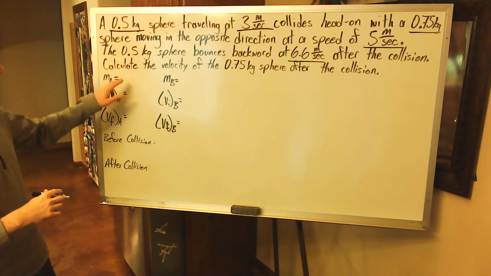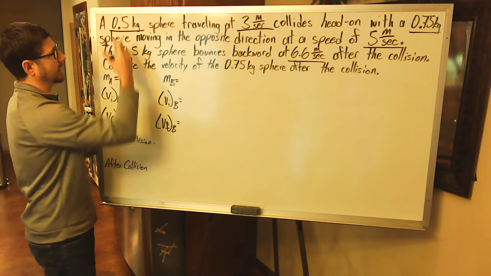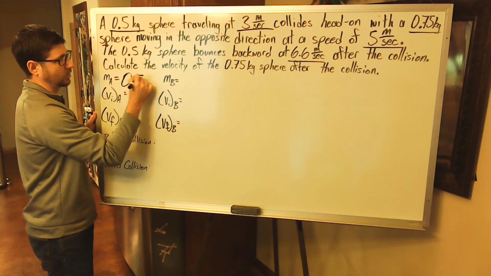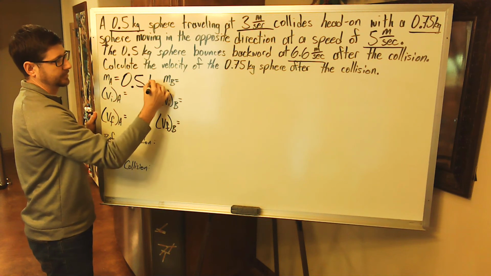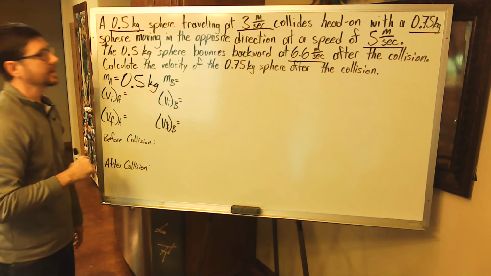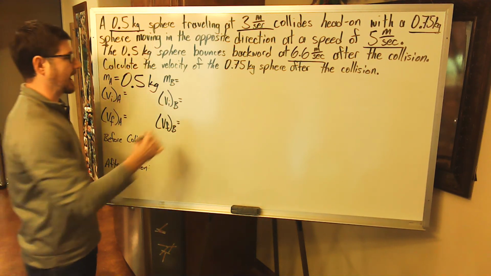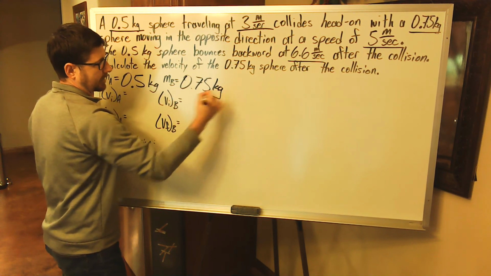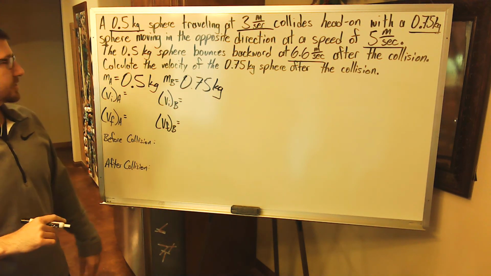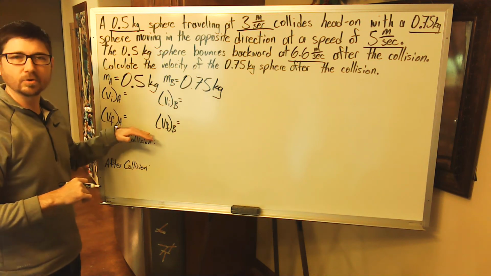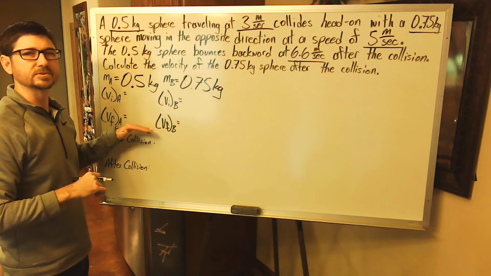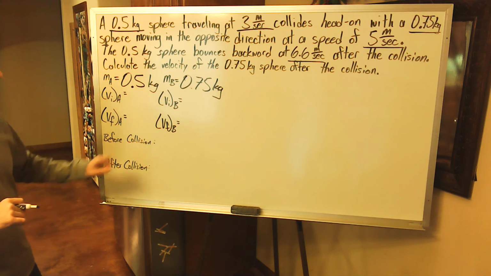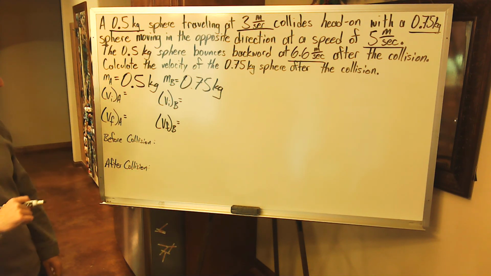So, mass A, or sphere A, we can go ahead and say the 0.5 kilogram sphere is mass A. Mass B is going to be our 0.75 kilogram sphere. Before we fill out the rest of our column of knowns and unknowns, let's go ahead and draw a before and after picture.